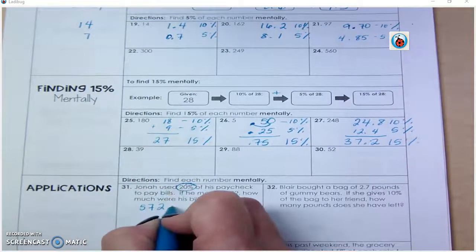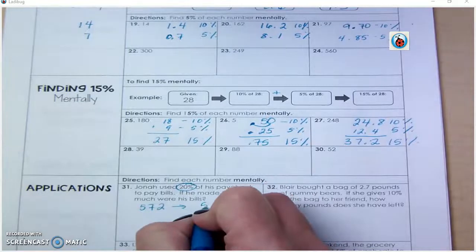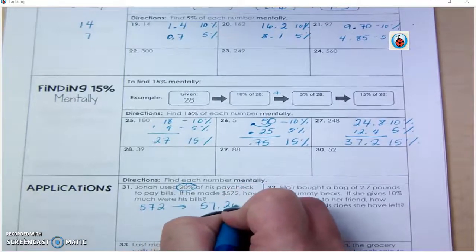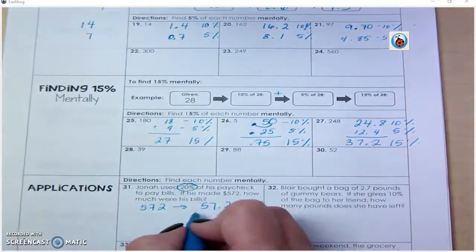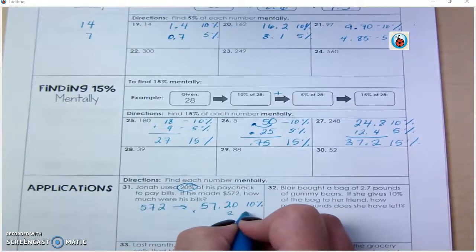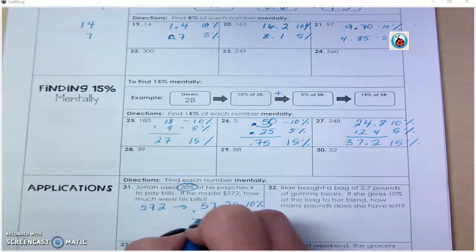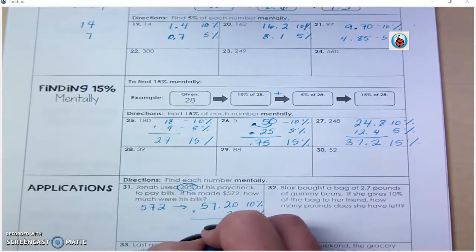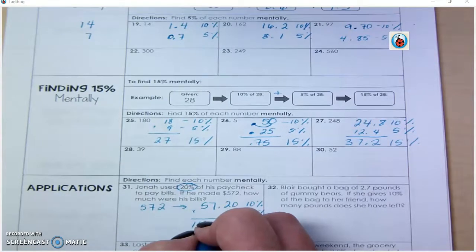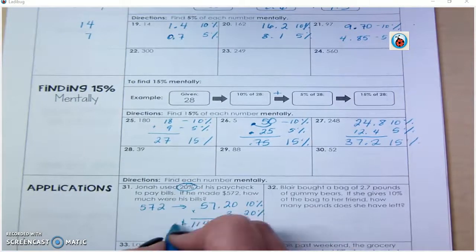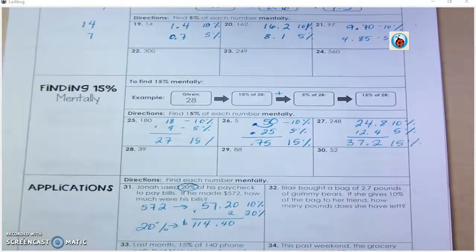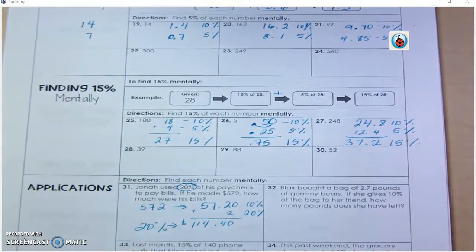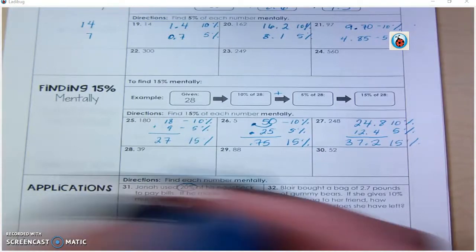So 572 will give us $57.20 as 10%. So doubling that would be 20%, which is $114.40. Just by moving that decimal, guys. Just by moving the decimal.